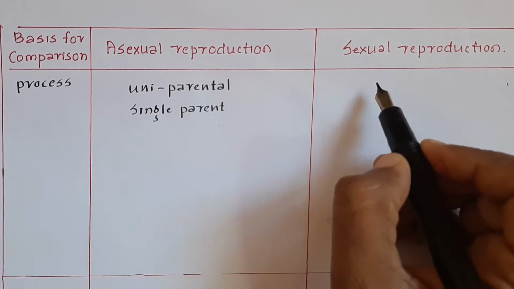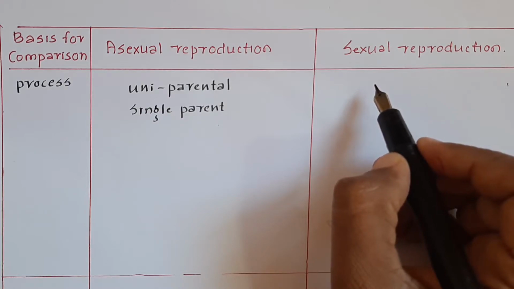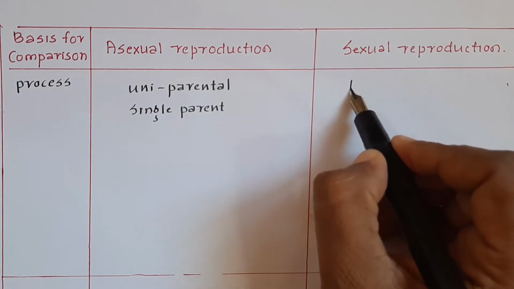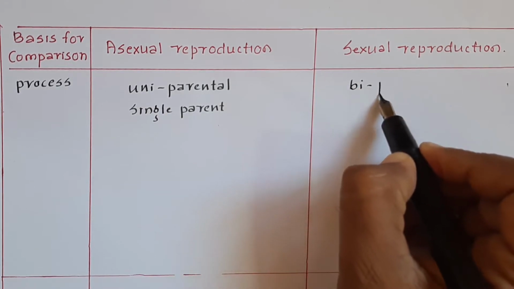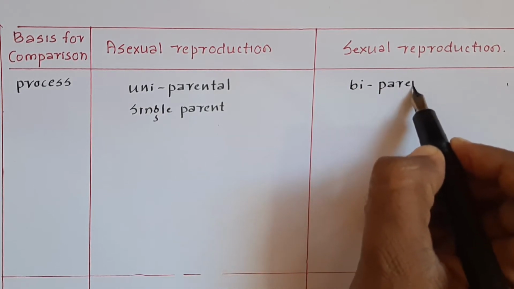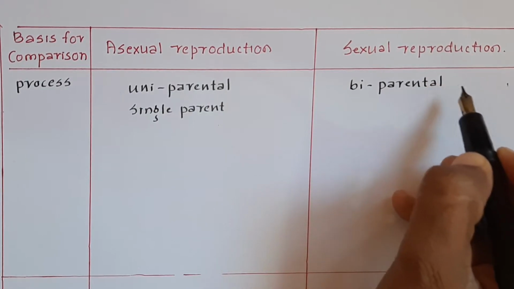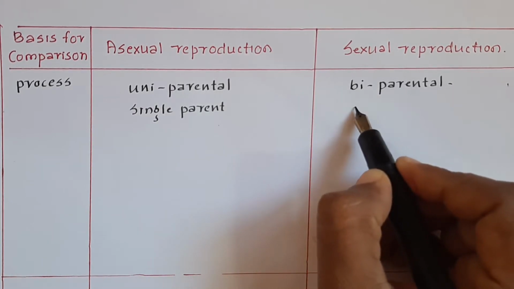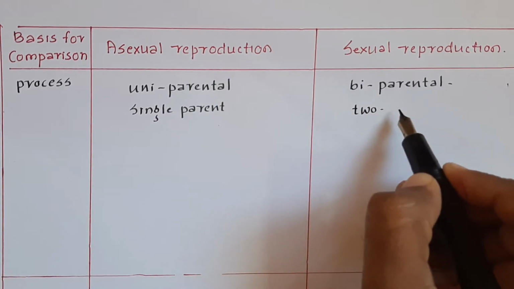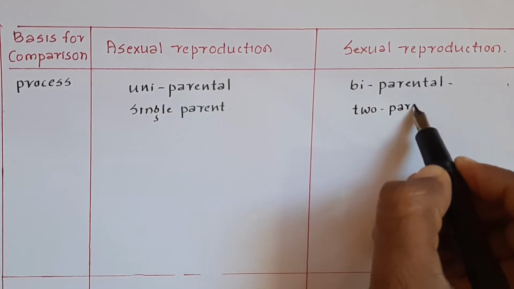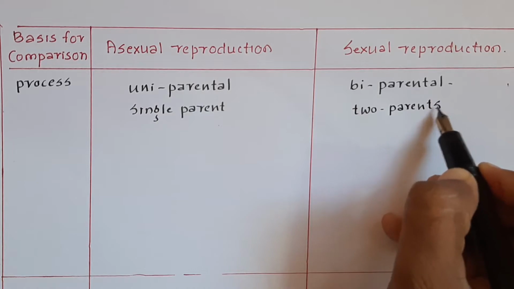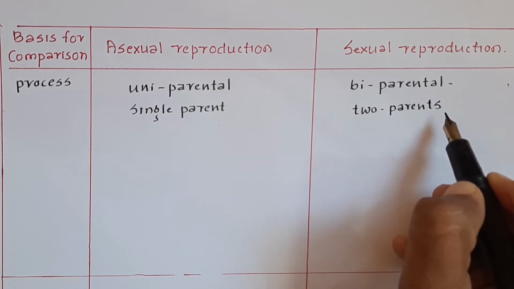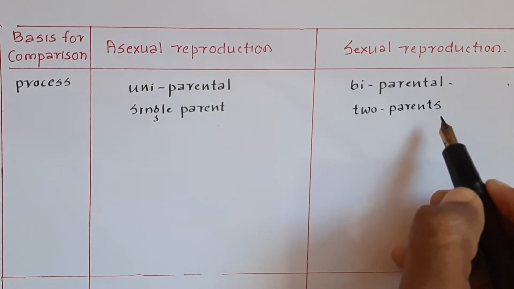In case of sexual reproduction, this is a biparental. Sexual reproduction is biparental type of reproduction involving two different parents. Here, two different parents are involved, except in case of hermaphrodite.